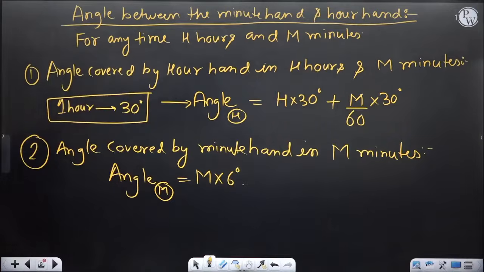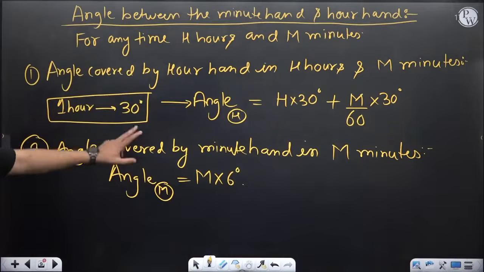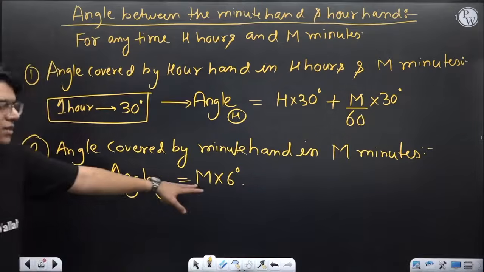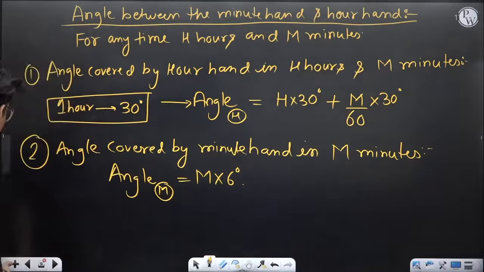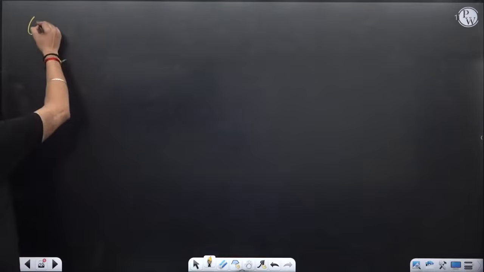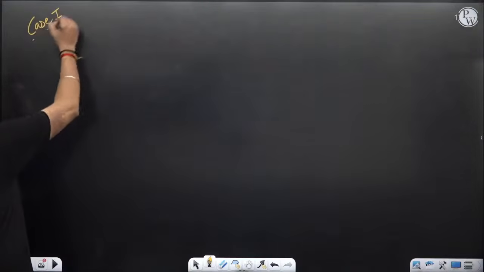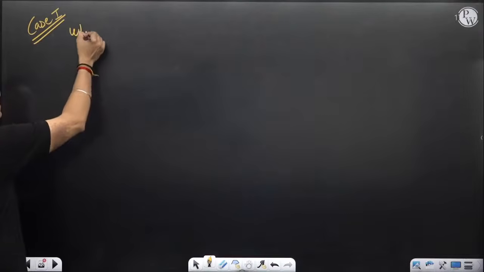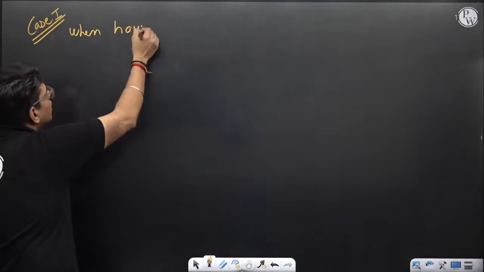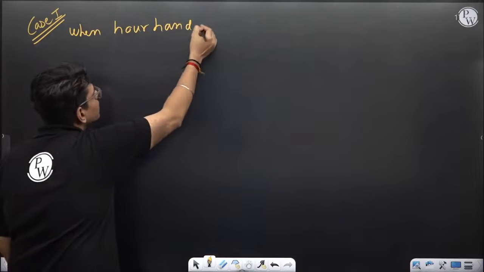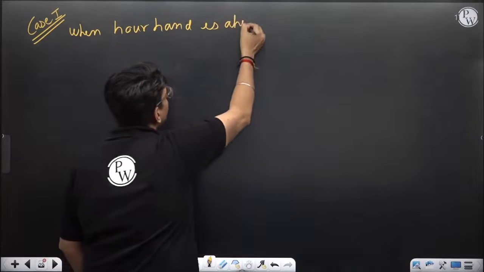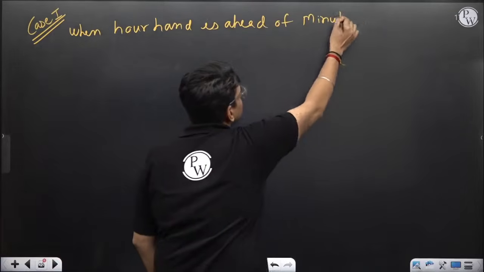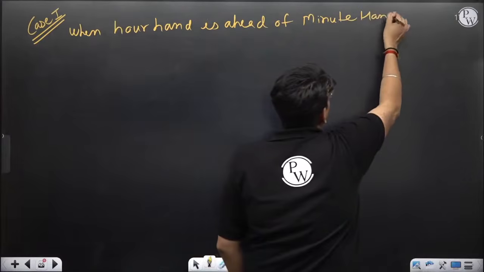Now we have two cases, right? The angle made by the hour hand is this, the angle made by the minute hand is this. After this we will have two cases. Case 1 is when the hour hand is ahead of the minute hand.